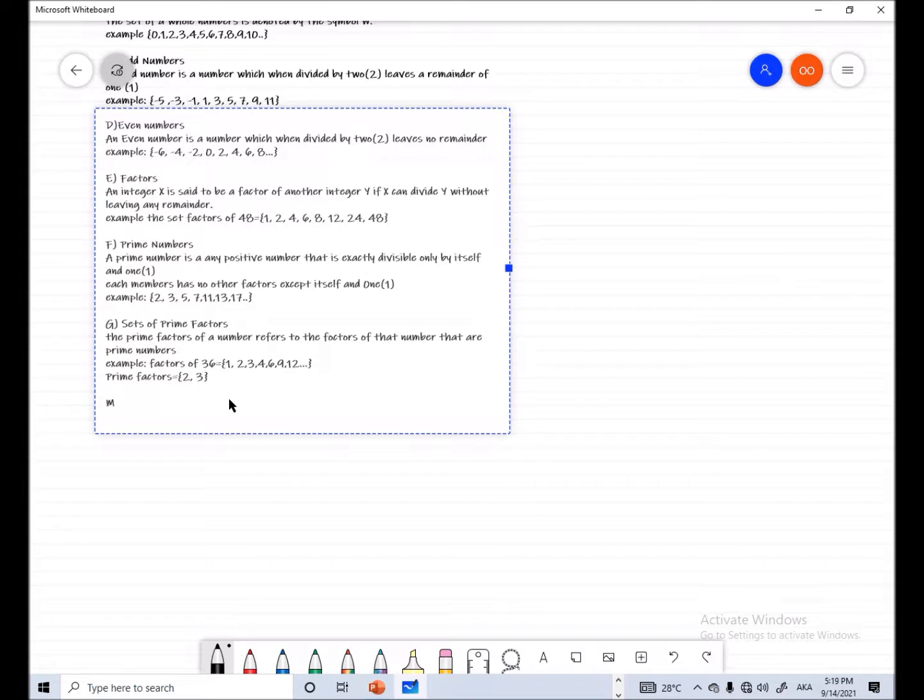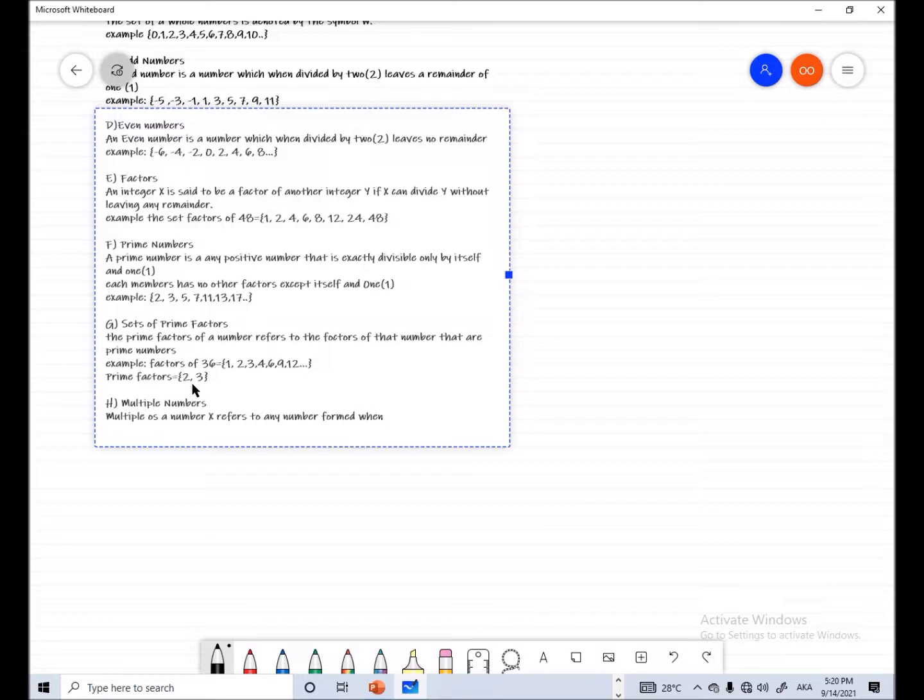You say that a multiple of a number, let's say number x, refers to any number formed when that number, which is x, is multiplied by any integer, right?